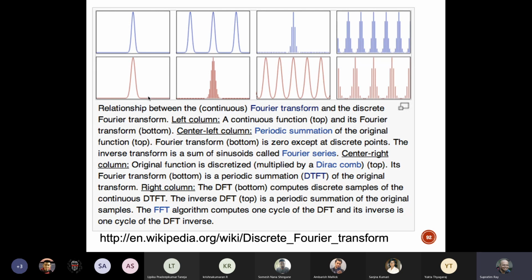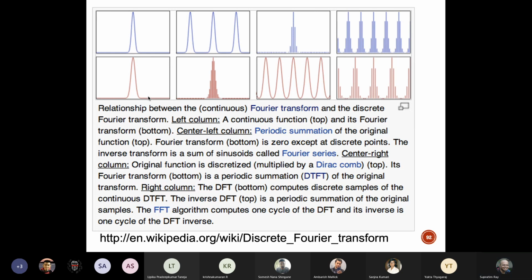So it's continuous in the frequency domain, like your original signal is continuous in the time domain, and this is aperiodic. That's shown here on the extreme left, and in fact, what is shown here is a Gaussian, and it turns out its Fourier transform happens to be a Gaussian as well, with the standard deviation inverted. If it's very small in the time domain, then it's very wide in the frequency domain, and vice versa.